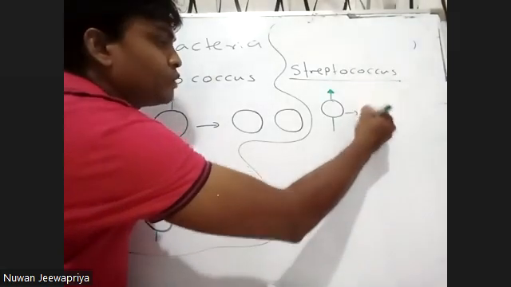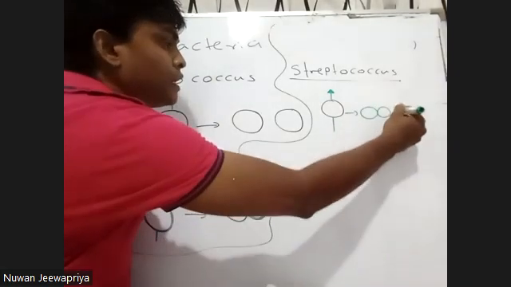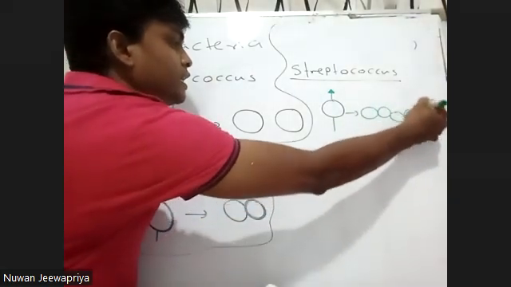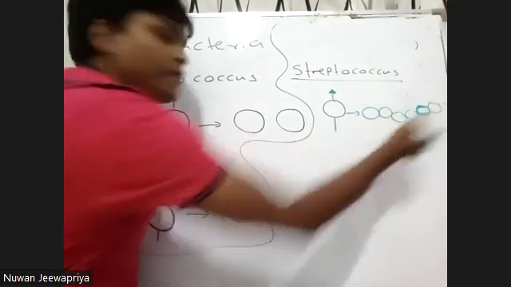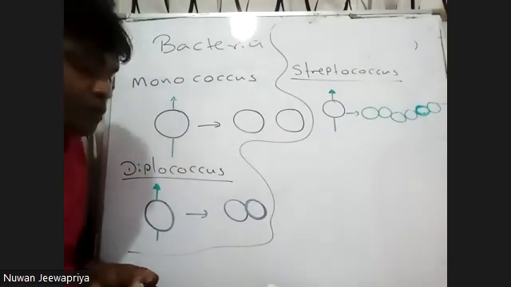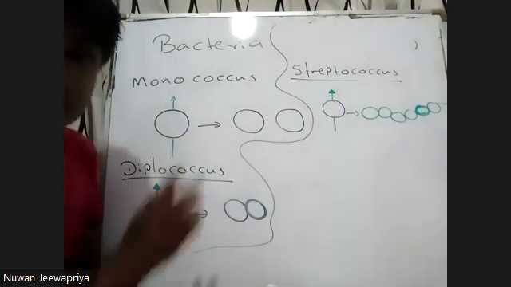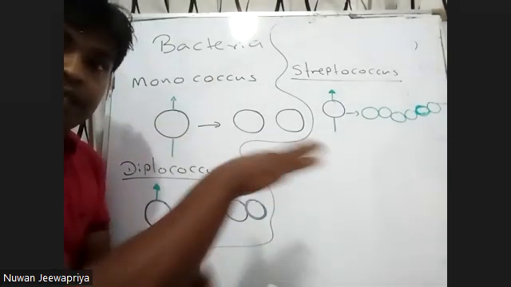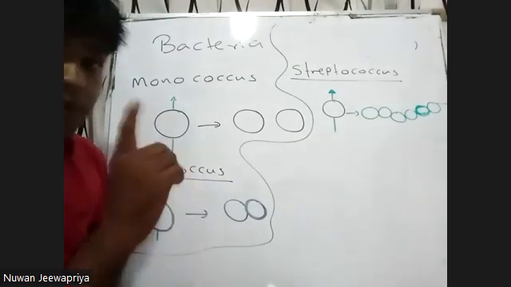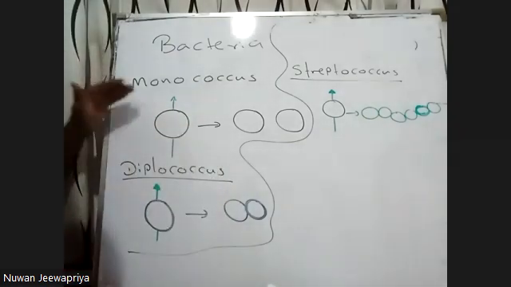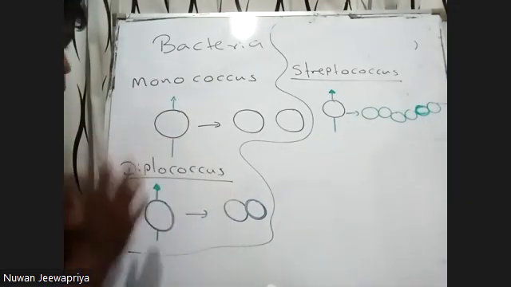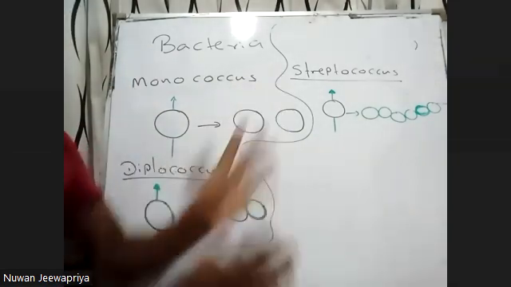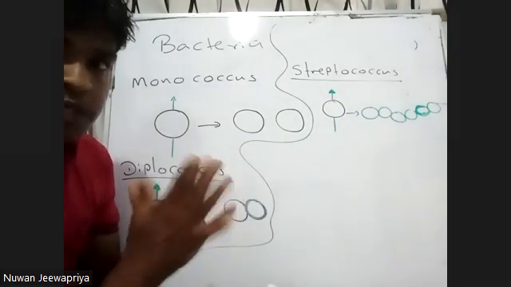The daughter cells are not separating, so they make a chain, right? But one plane. Remember: monococcus, division occurs in one plane. Diplococcus, division occurs in one plane. Streptococcus, division occurs in one plane.